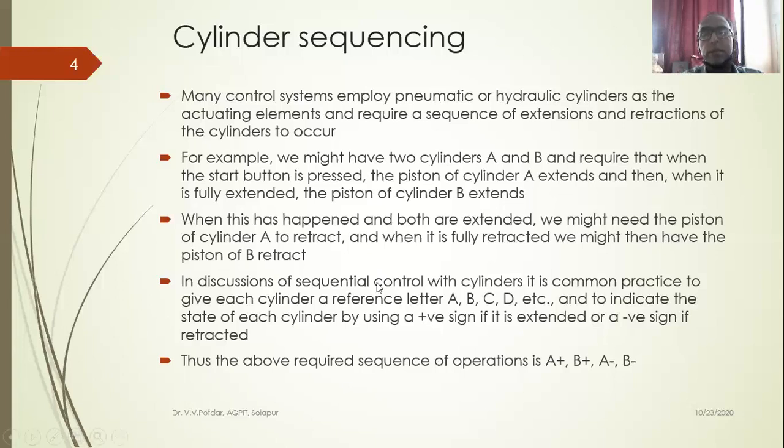In discussions of sequential control with cylinders, it is common practice to give each cylinder a reference letter A, B, C, and D, and to indicate the state of each cylinder by using a positive sign if it is extended or a negative sign if it is retracted. So I have two cylinders, let us say.